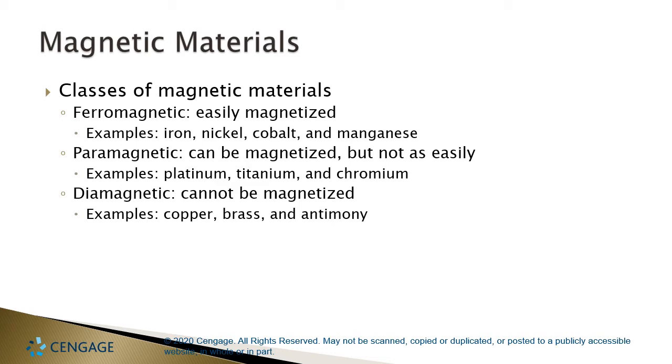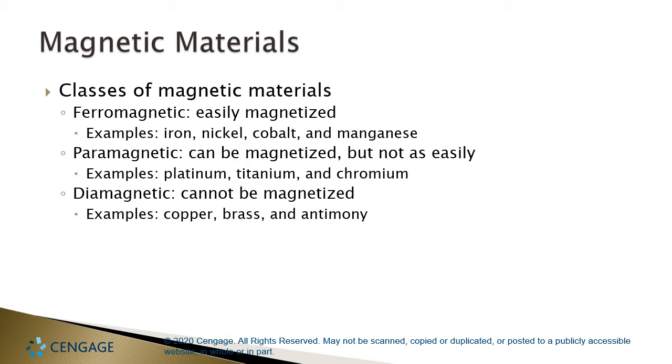If a material is easily magnetized, meaning we can get those atoms to line up easily, this is described as ferromagnetic. Right? Ferro actually comes from iron, ferrous metals, and the different materials that are ferromagnetic are iron, nickel, cobalt, and manganese. Right? These will make relatively good permanent magnets, at least temporarily, and can also be used in electromagnetics. Although iron is very inexpensive, so we tend to see iron used more often than the other materials.